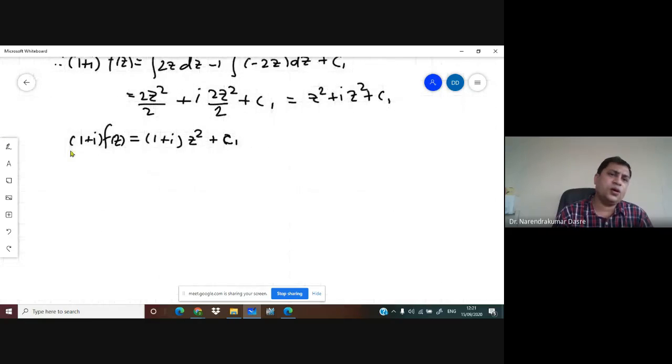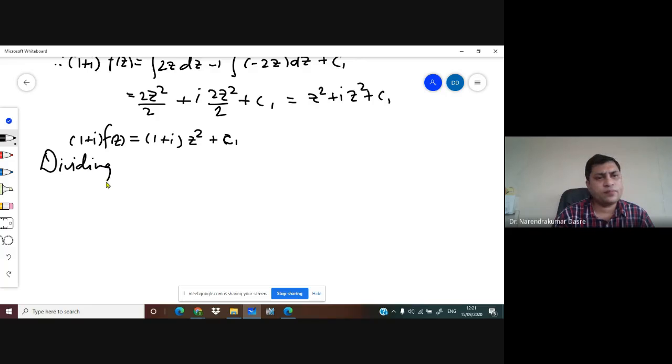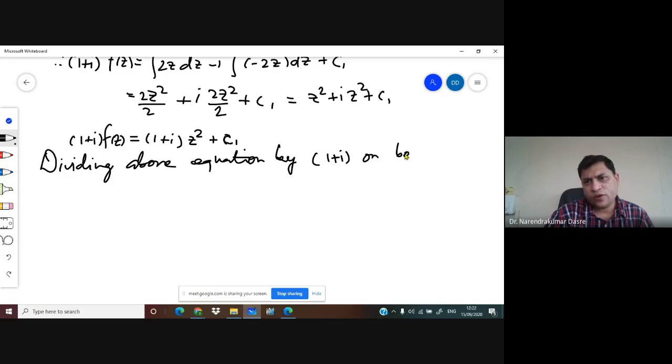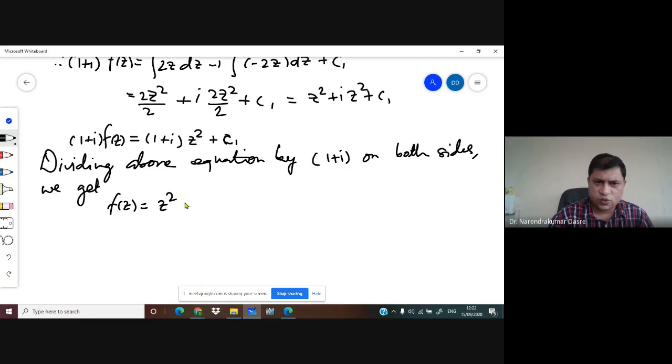Now we got 1 plus i into f of z, but we are interested in f of z only. So what we can do is divide the above equation by 1 plus i on both sides. We get f of z is equal to z square plus c1 upon 1 plus i.